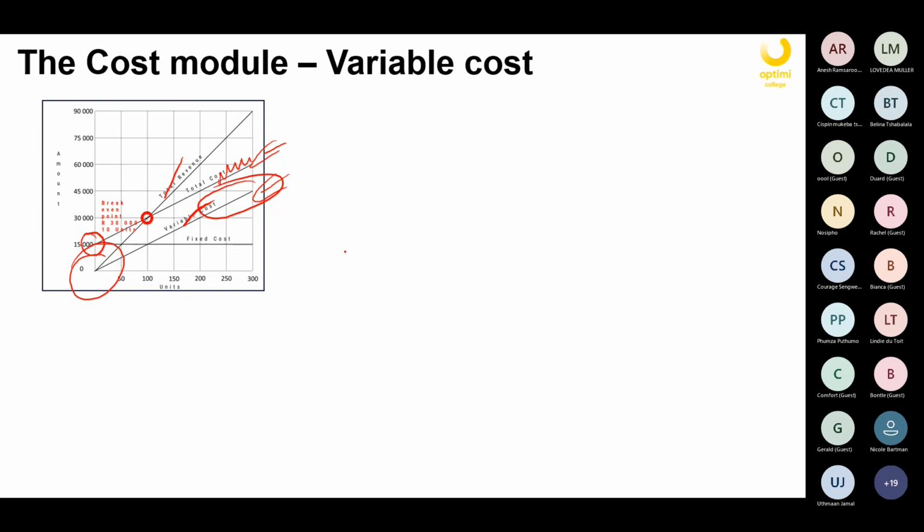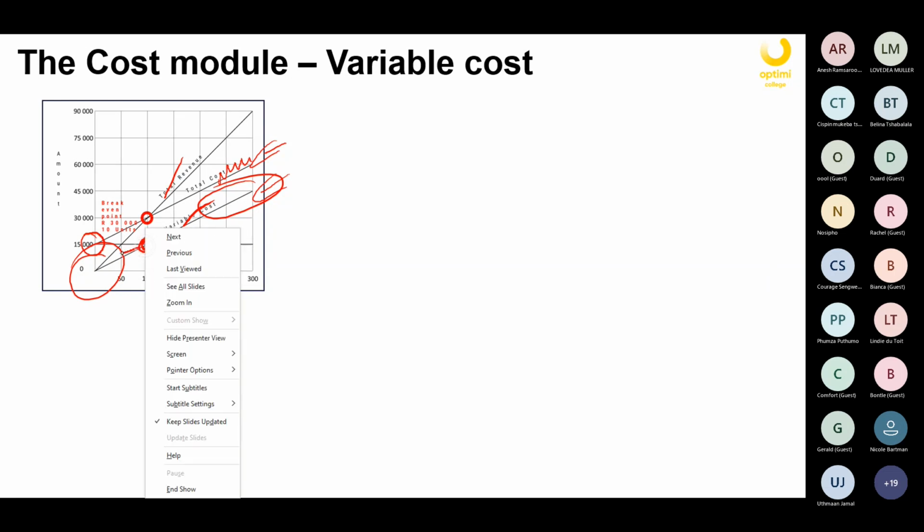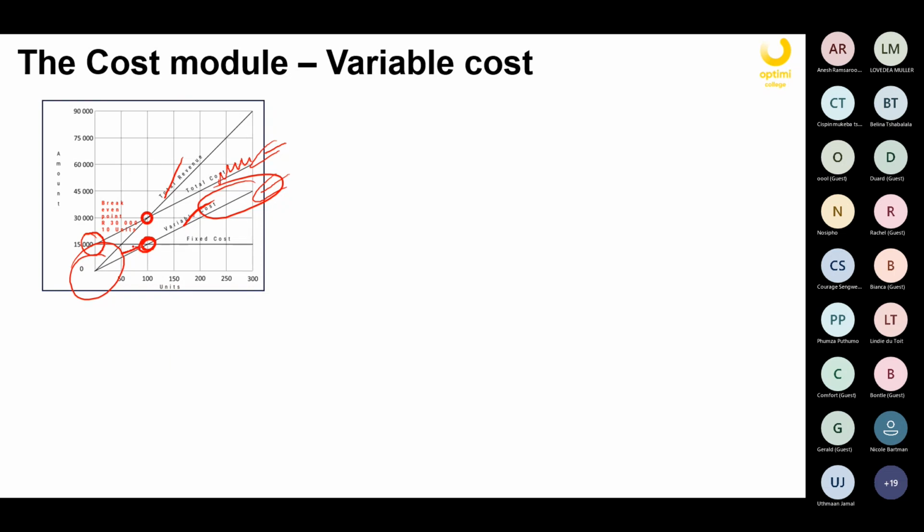I can basically use any point on the line, but according to this graph, I'm going to use a point where, if I draw a line to the y-axis from that point, and from that point to the x-axis, I can see that it is 15,000 Rand for 100 units.